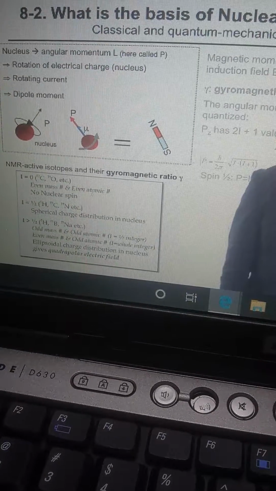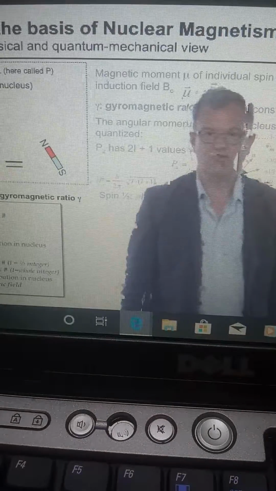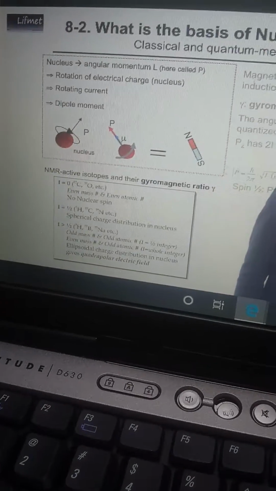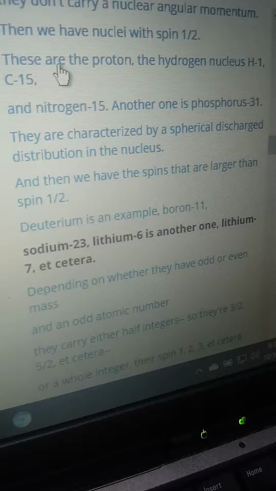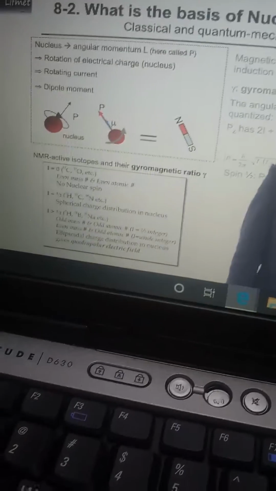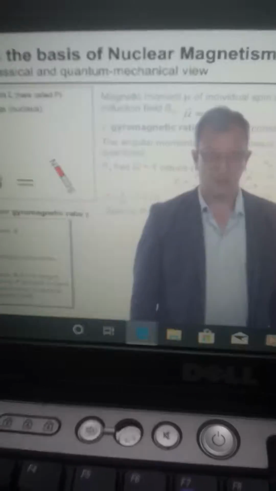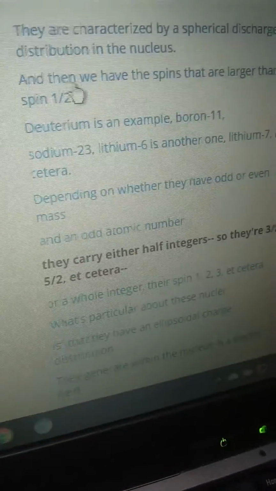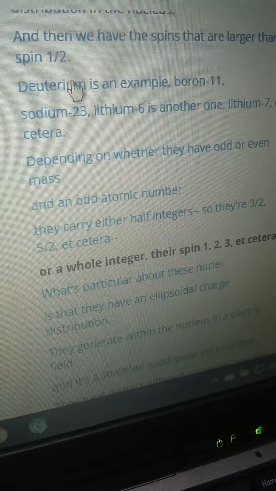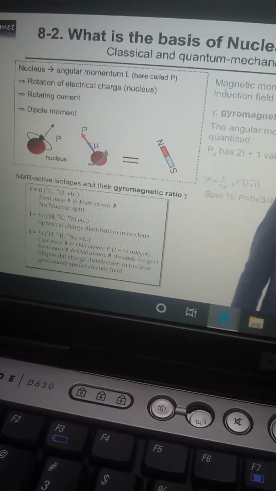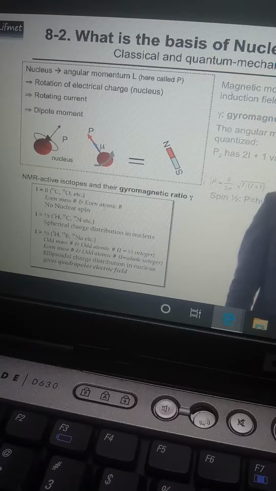And then we have the spins that are larger than spin 1/2. Deuterium is an example, boron 11, sodium 23, lithium 6 is another one, lithium 7, etc. Depending on whether they have odd or even mass and an odd atomic number, they carry either half integers, so they're 3 halves, 5 halves, etc., or whole integers, spin 1, 2, 3, etc. What's particular about these nuclei is that they have an ellipsoidal charge distribution.